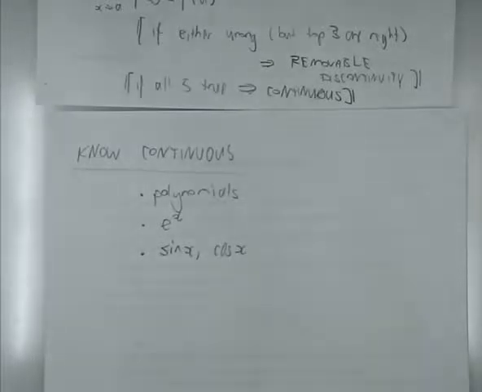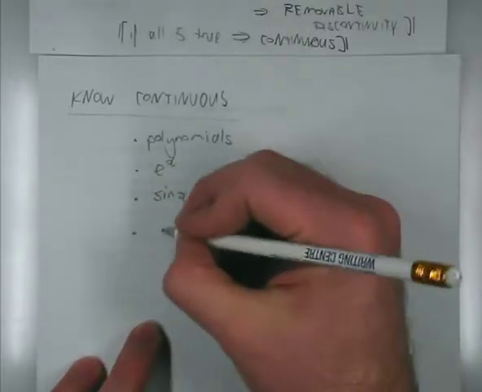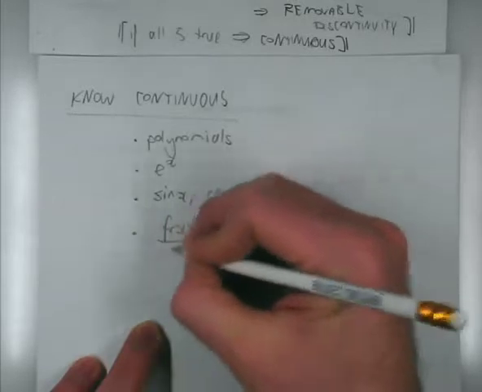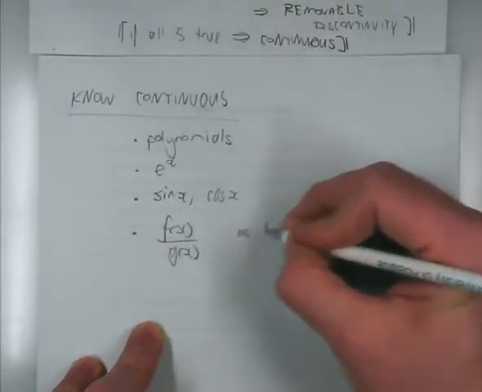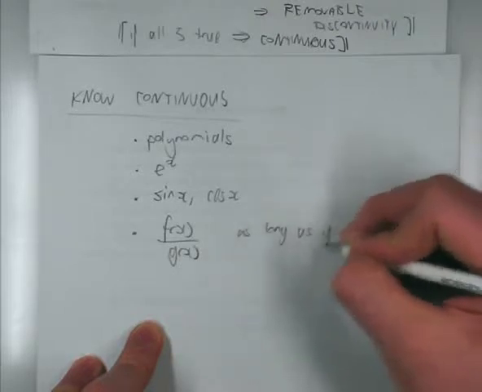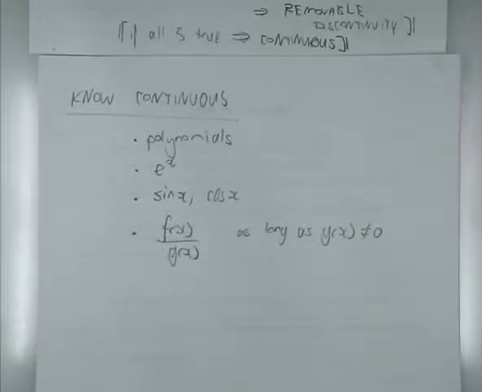And, very important case, a rational function is continuous everywhere where its bottom isn't 0. So f of x over g of x, as long as the bottom's not 0. Okay, so basically, as long as those two things were continuous to begin with, everywhere.